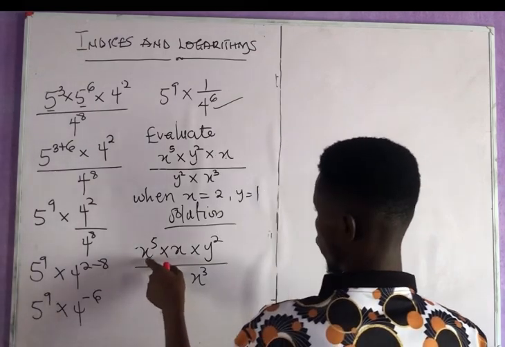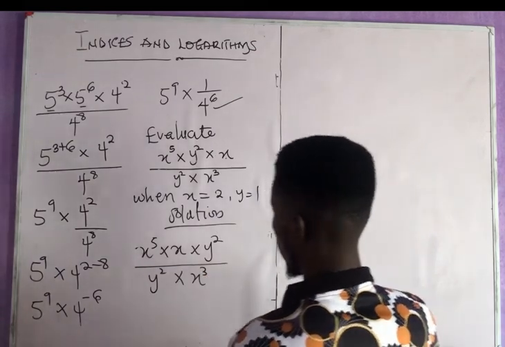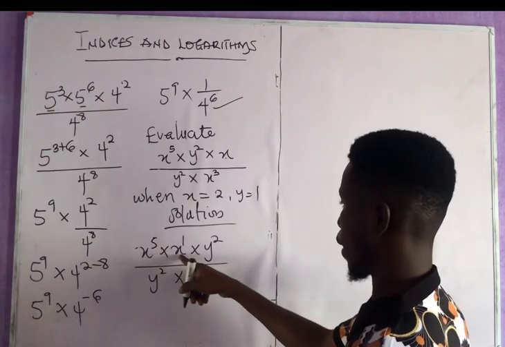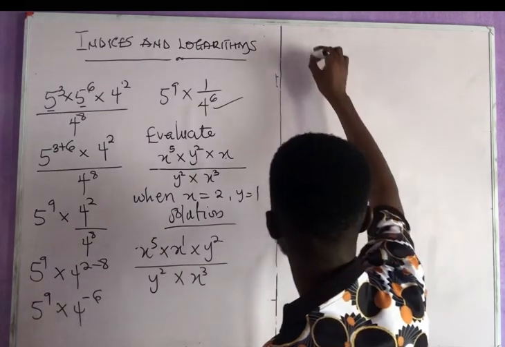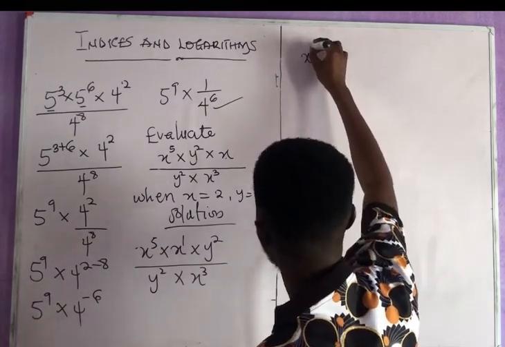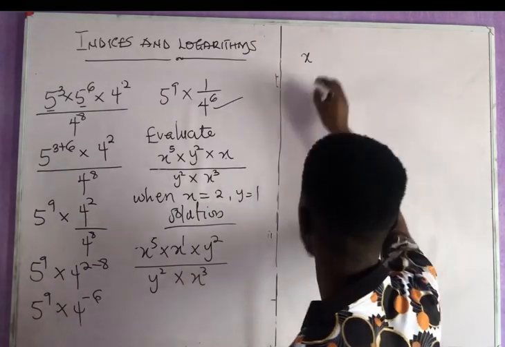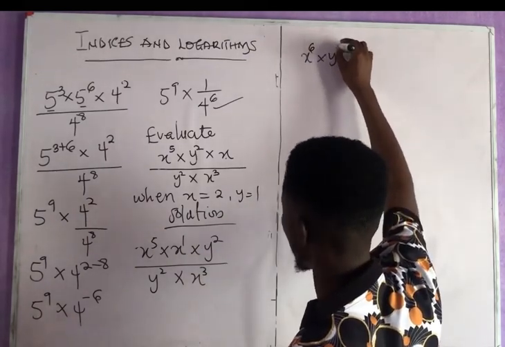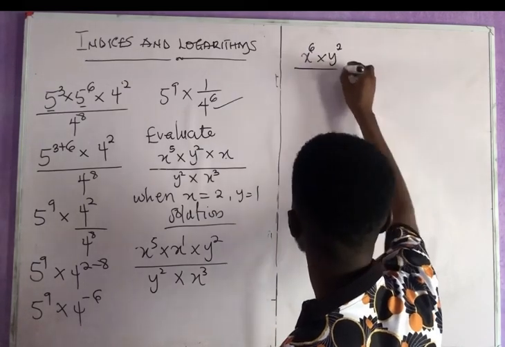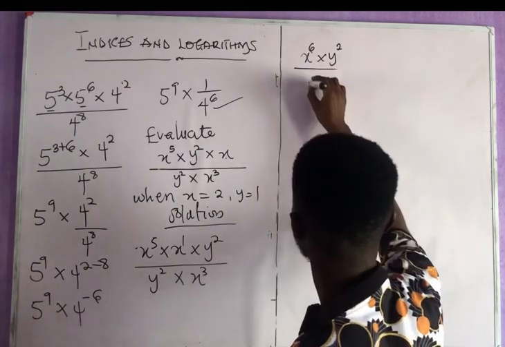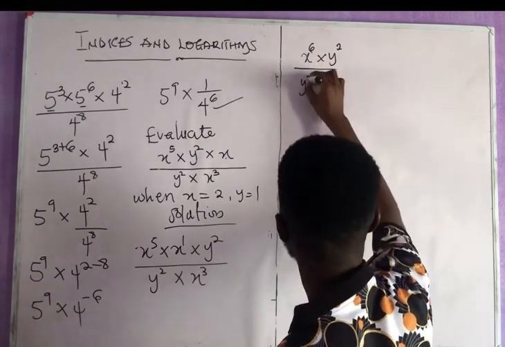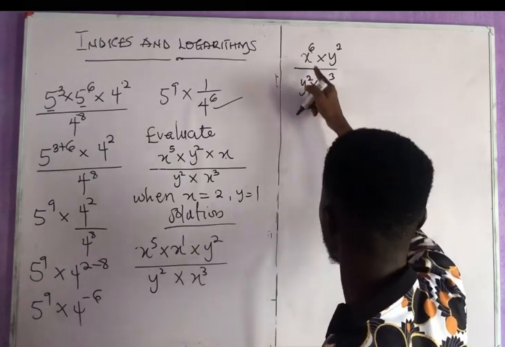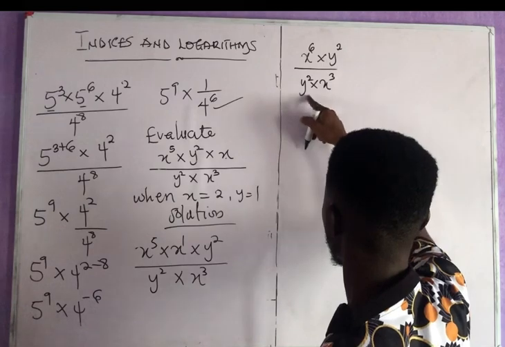So from here, this one is with power 1. So x and x have the same base. So I'll write it down, then I'll add their powers. 5 plus 1 will give me 6, times y to the power 2, all divided by y to the power 2 times x to the power 3. So you see this is dividing that, and this is also dividing that.